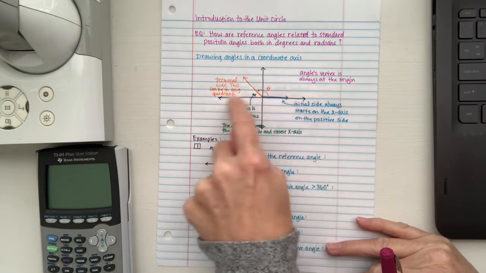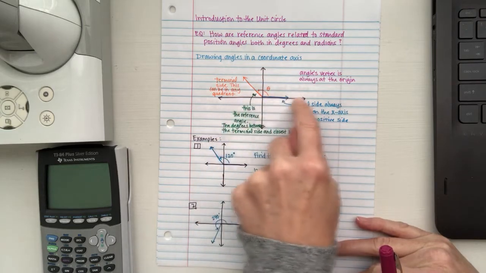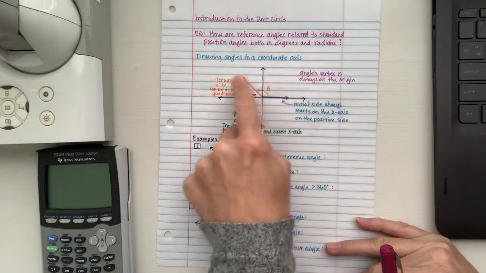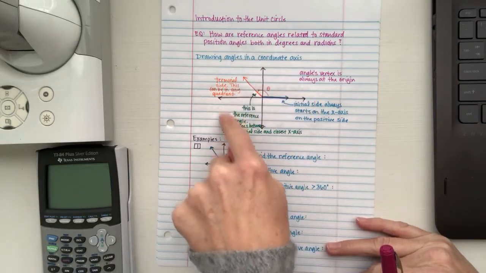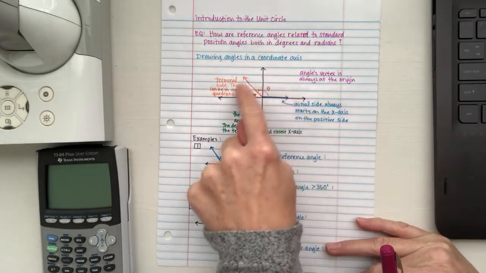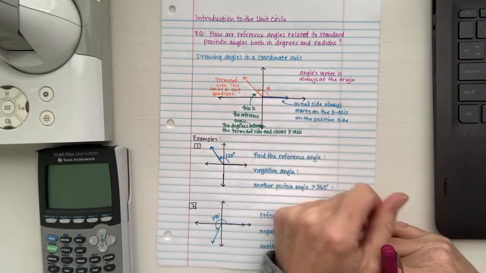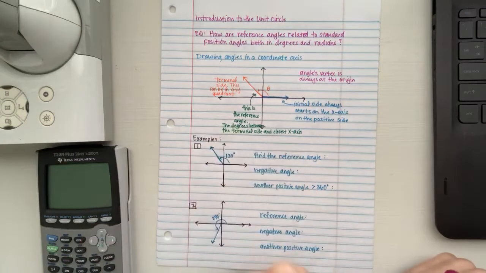You should recognize that as a straight angle from geometry or Math 2, and that would be 180 degrees, right? And then there's anything in between 0 to 180 or 180 to 360. We have a whole lot of angles here that would help us complete that whole circle. So you can imagine we can draw any angle we want in the coordinate axis.